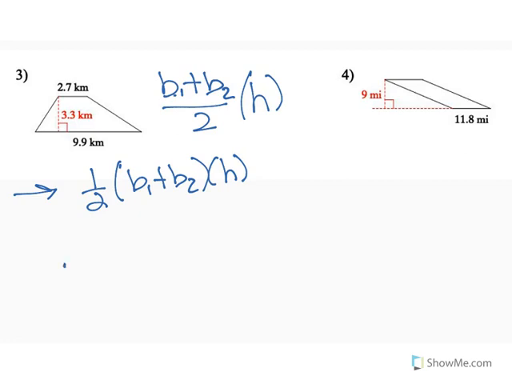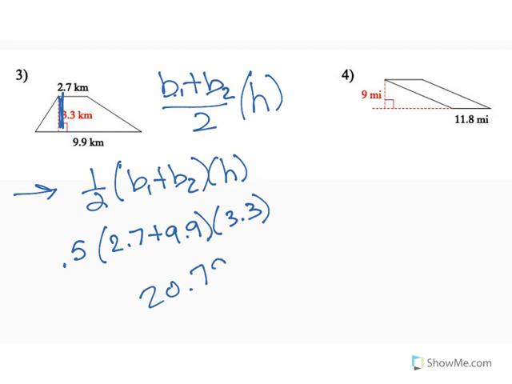Again, we could do 0.5, base 1, base 2. It doesn't matter which one you call 1 and which one you call 2, because we're adding them, times the height, which is going to be between the two bases. And we just put that in our calculator, which gives us 20.79 kilometers squared, depending on how your accent goes.